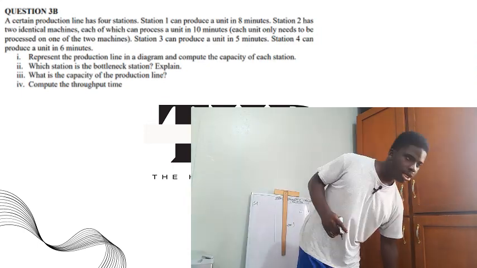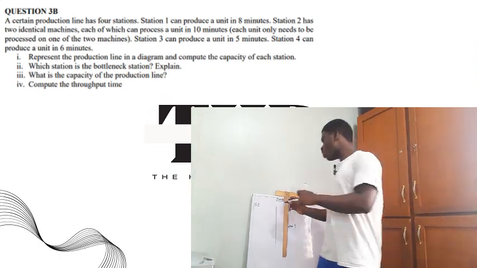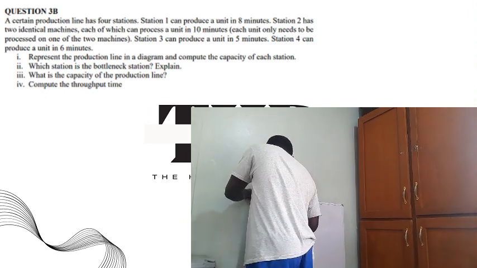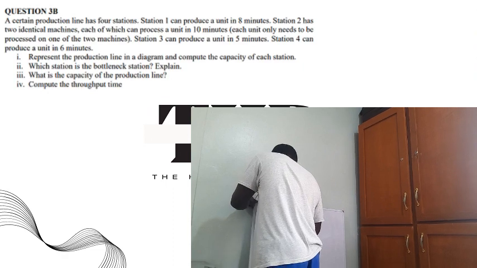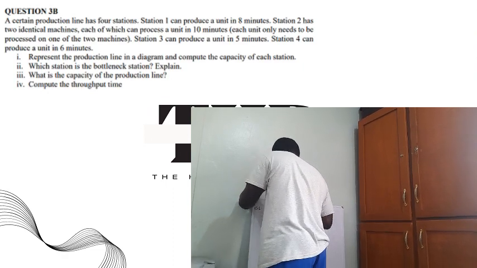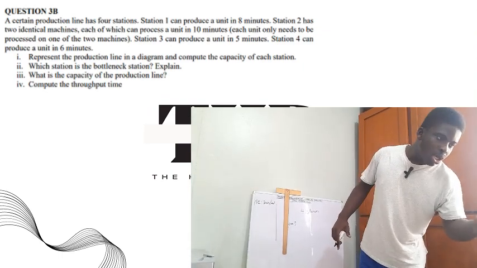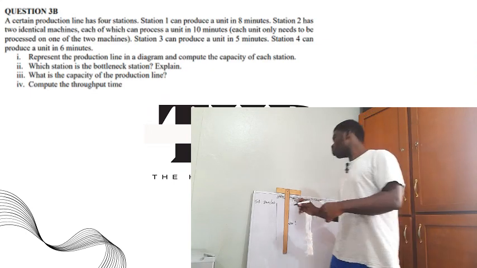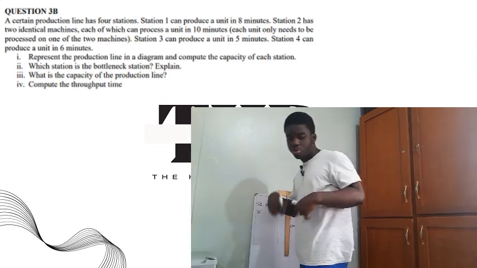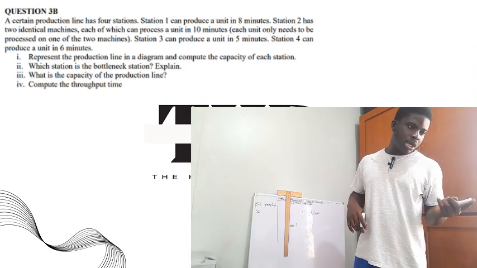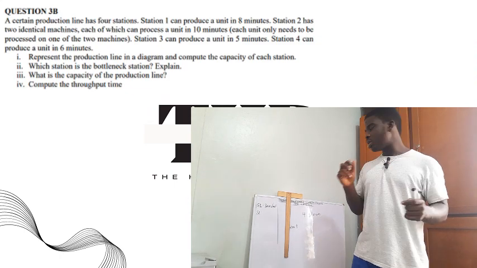S1 produces a unit in 8 minutes, right? So I have 8 minutes per unit. And station 2 has 2 identical machines. So that's 2 machines, and it's 10 minutes per unit.